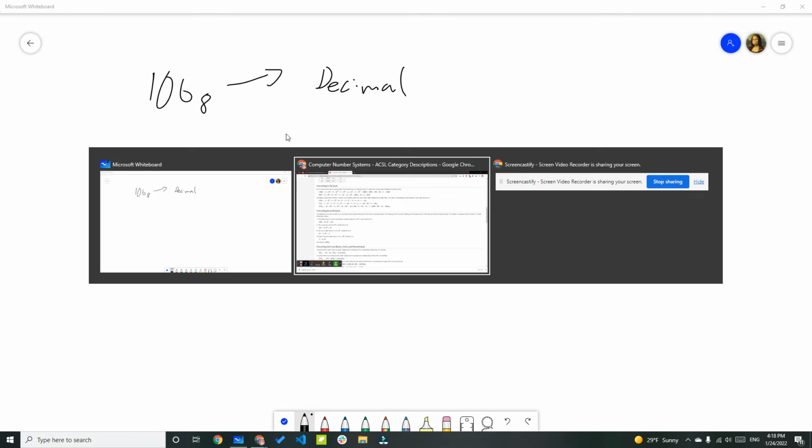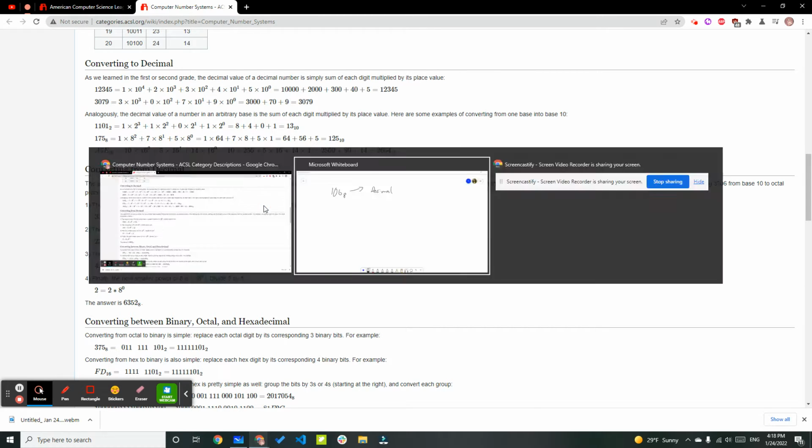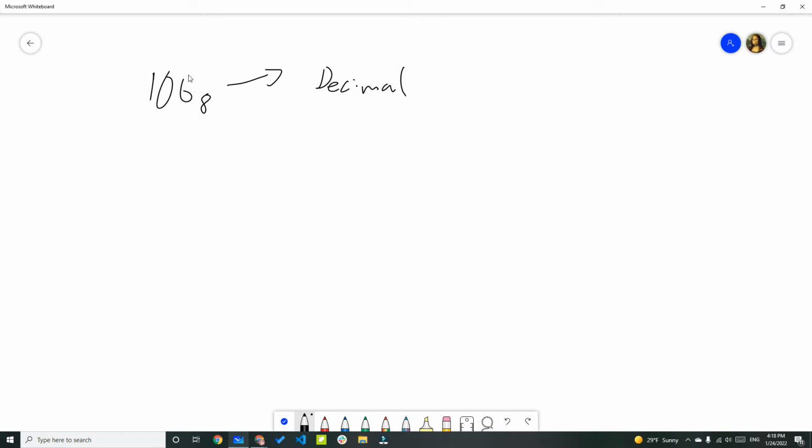So let's have an example. Say we want to convert 106 from octal to decimal. As the problem says, you find the largest power of 8. The largest power of 8 is 64, which is 8 to the power of 2.